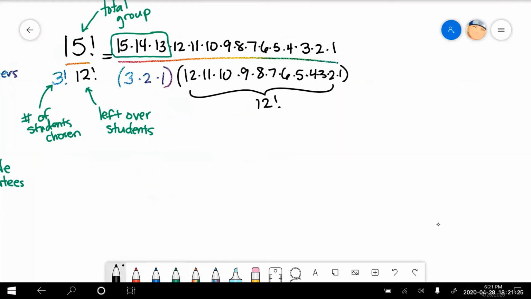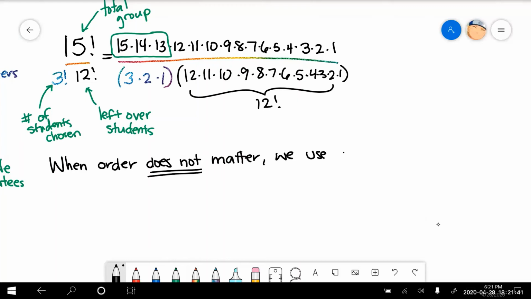So when order matters, I'm sorry, when order does not matter, we use a combination.